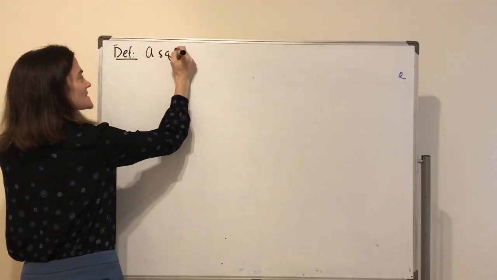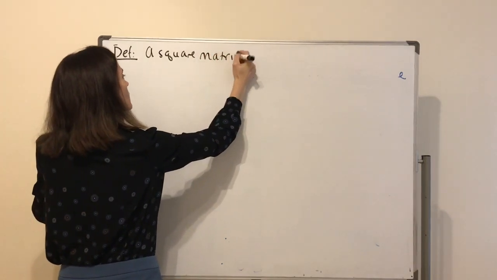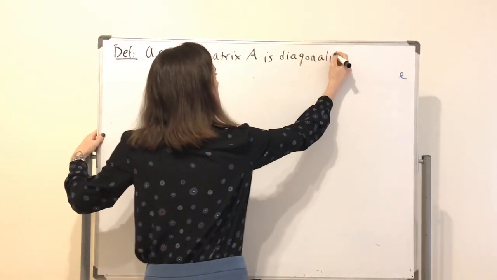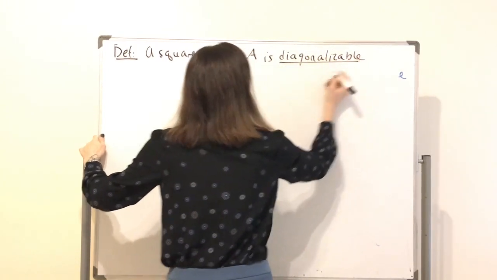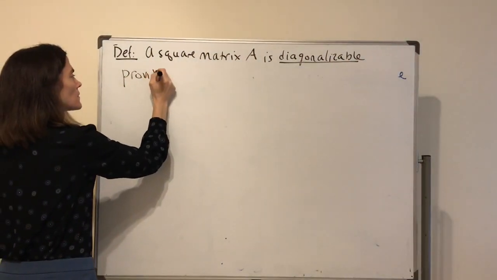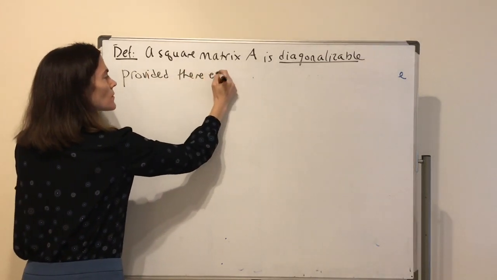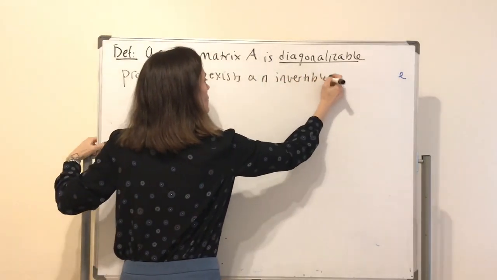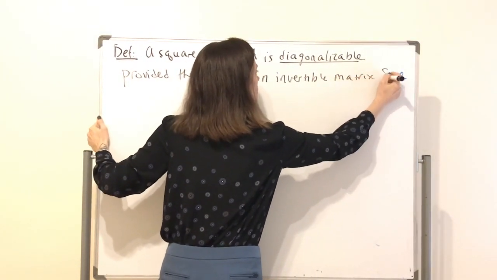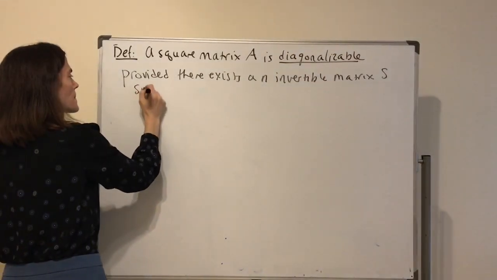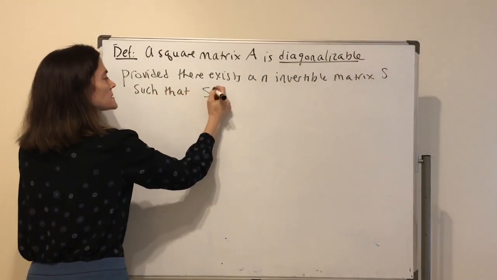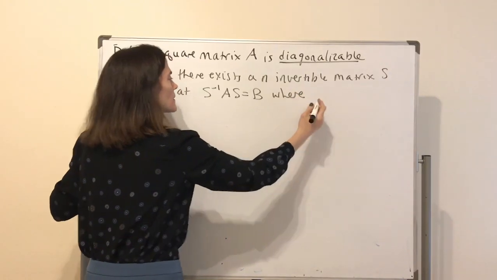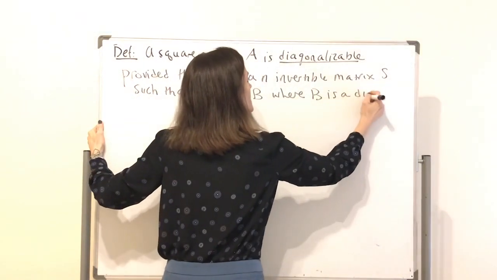A square matrix A is diagonalizable provided there exists an invertible matrix S such that S inverse AS is B, where B is a diagonal matrix.